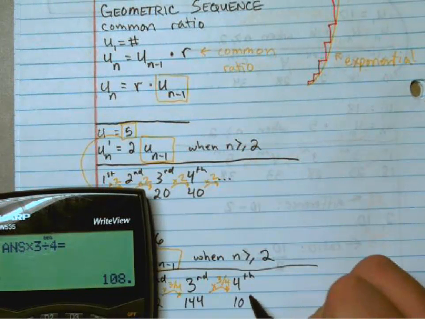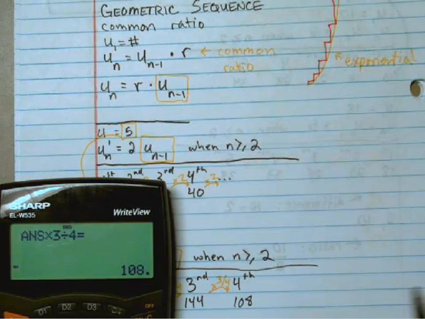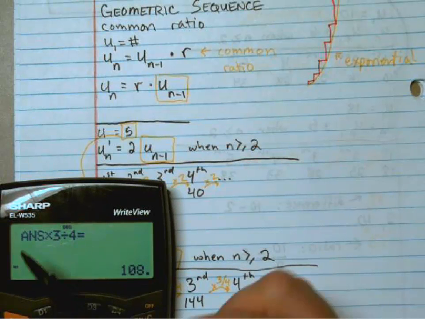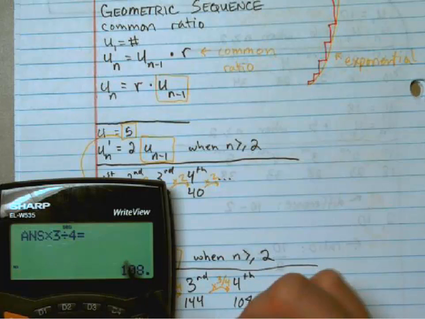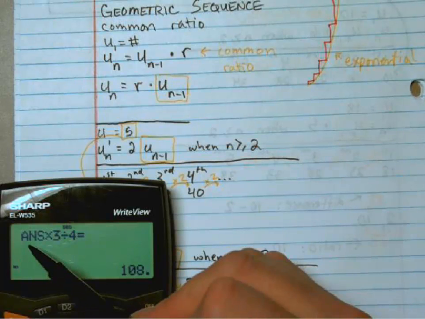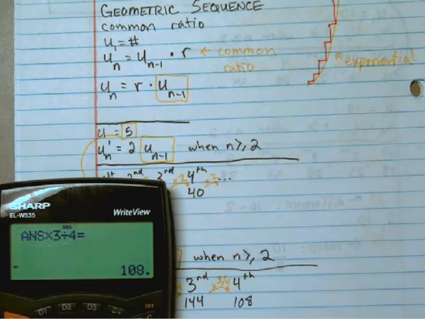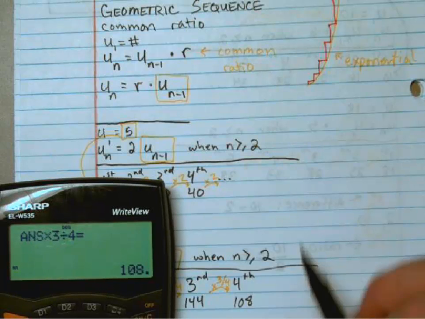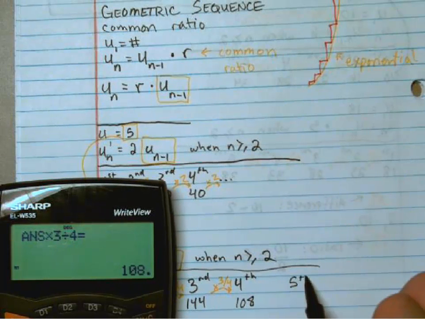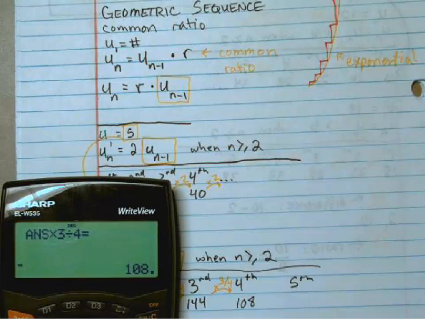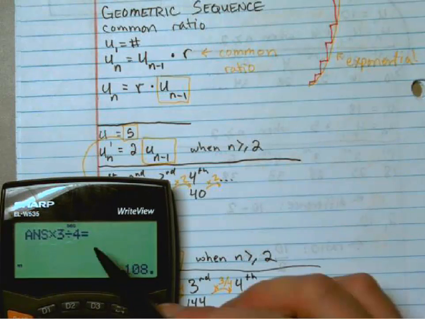108. Now, depending on your calculator, if you do that where you just type what you're going to do to the number before, you'll get something like the answer times 3/4. If I want to find the fifth term on this calculator and lots of other calculators, if you hit the equals button again, it'll perform that same operation.